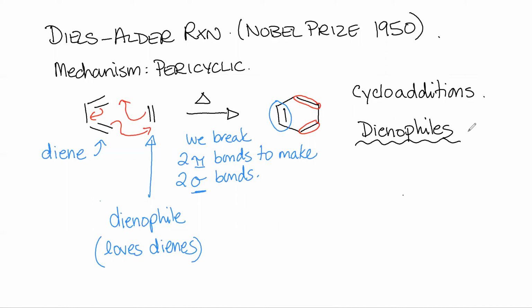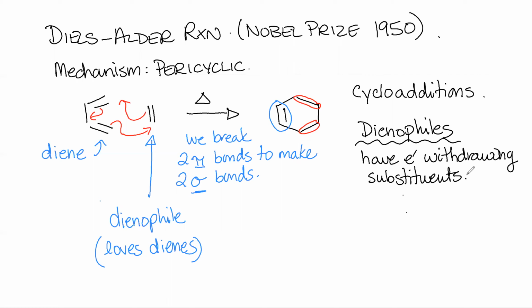The best ones have electron withdrawing substituents, functional groups. And when I say electron withdrawing, I mean electron withdrawing from a resonance perspective, like a ketone or an ester or even a nitrile group, for example.